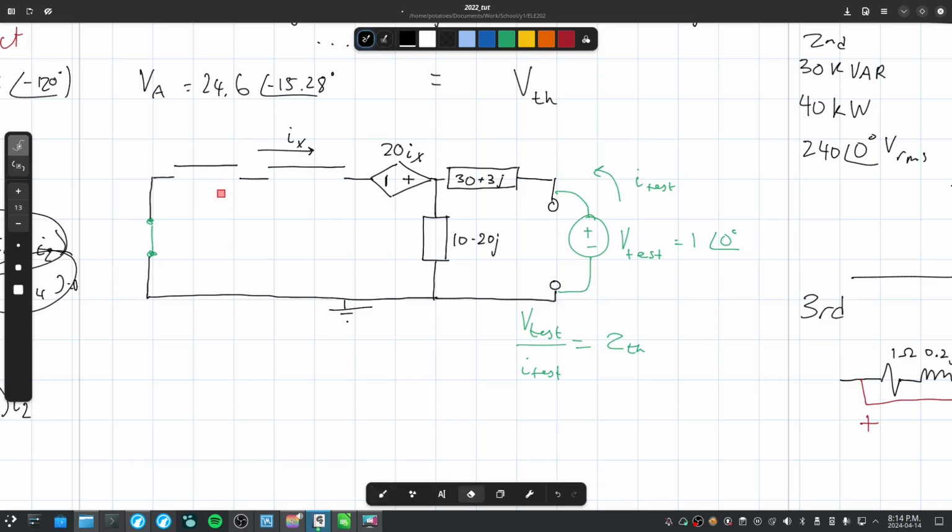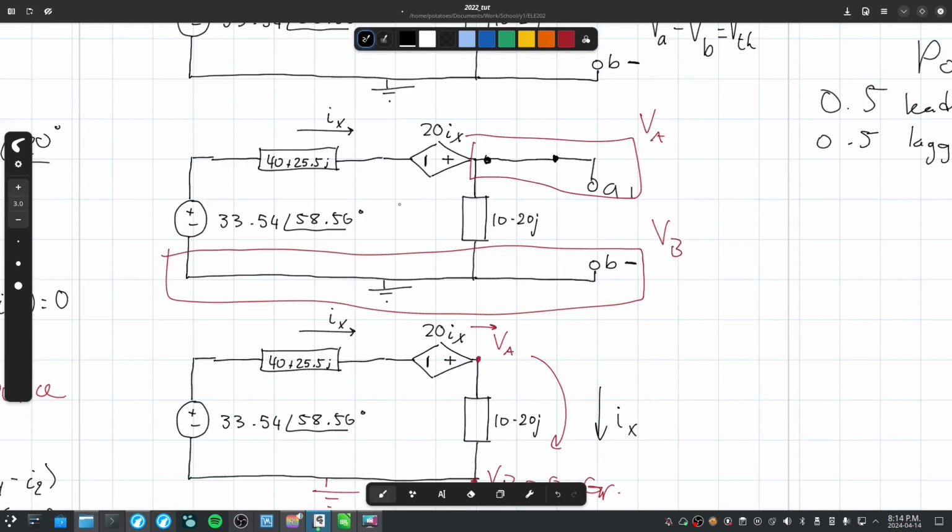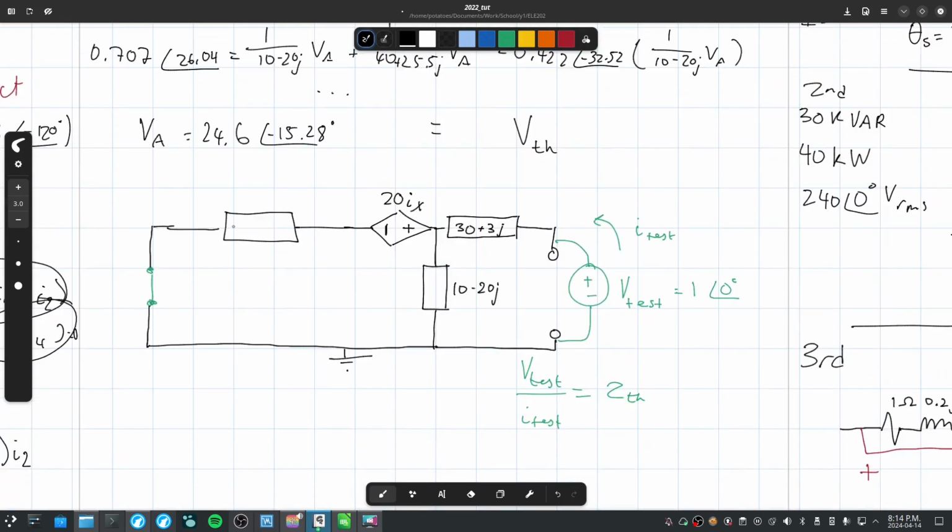We're going to combine these two because they are in series into, what was it? I did before, 40 plus 25.5j. So this is our circuit.